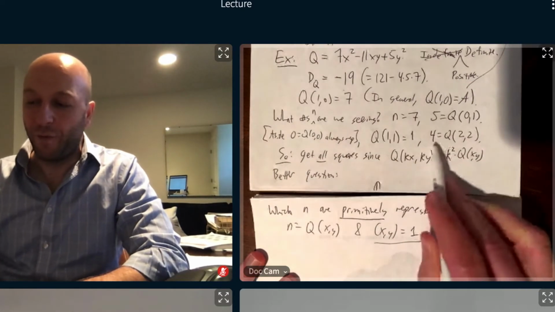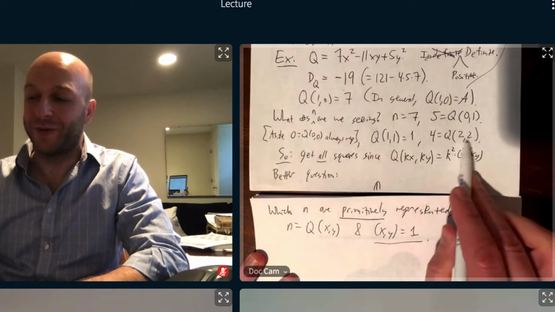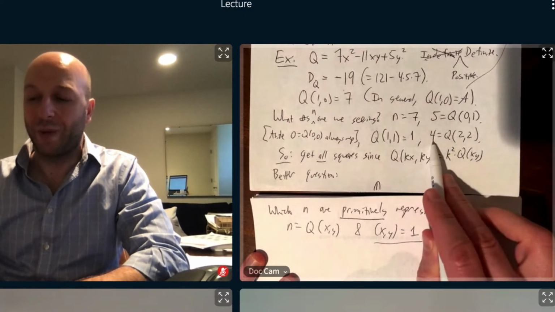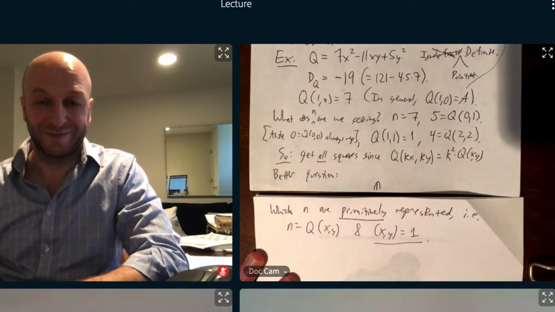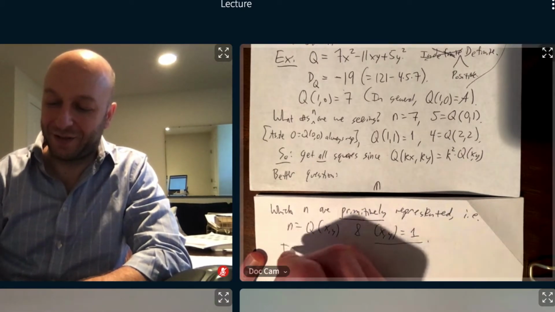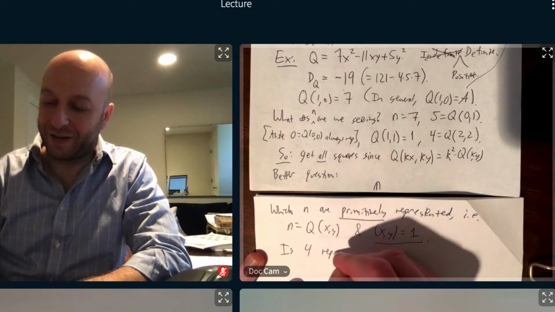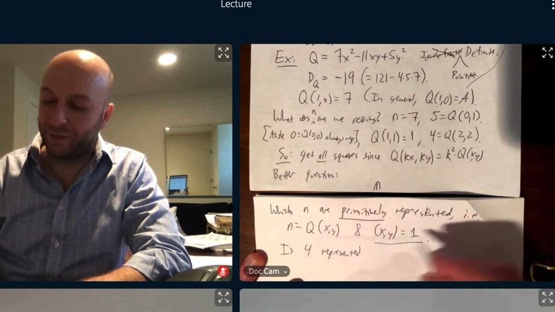So we can get 4 by this imprimitive representation. Can we get 4 by a primitive representation? So is 4 represented primitively?